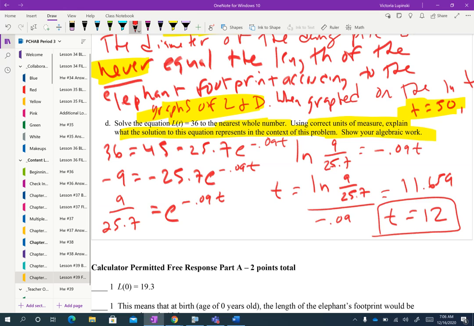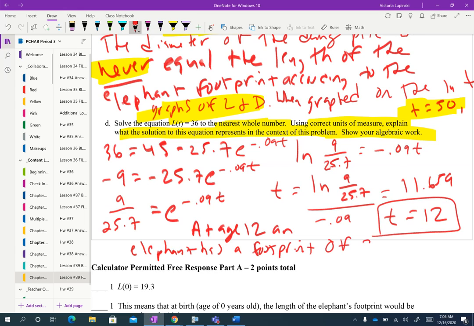And then last but not least, the explanation. At age 12, an elephant has a footprint of 36 centimeters.